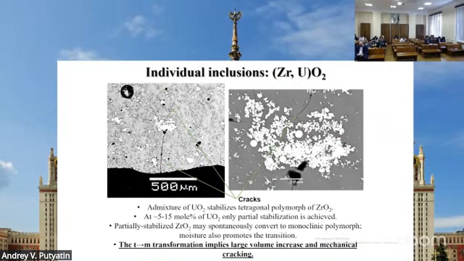The cracks are forming because initially you can have so-called partly stabilized zirconia, which is tetragonal or cubic. And upon interaction with surrounding moisture, for example, it starts to convert spontaneously into the monoclinic variety, and the monoclinic variety has much lower density. You have a large volume effect.